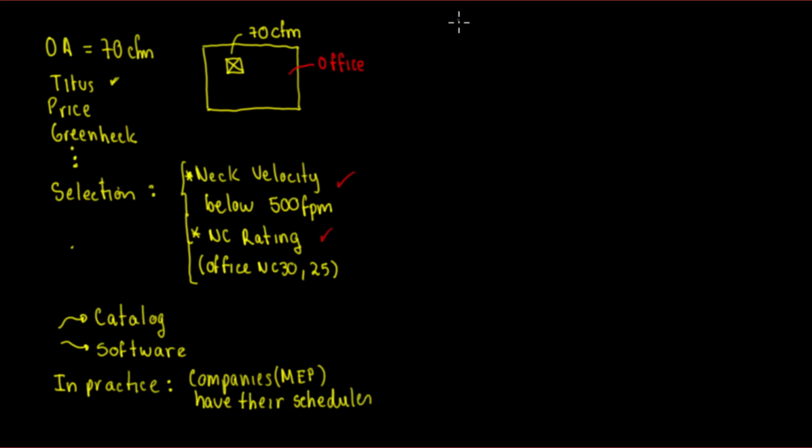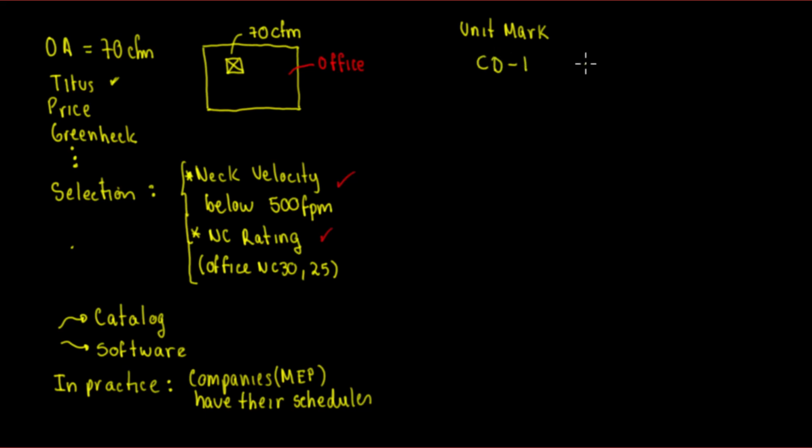For example, it's going to tell me the unit mark, and the unit mark depends on each company. For example, we're going to have a CD1.